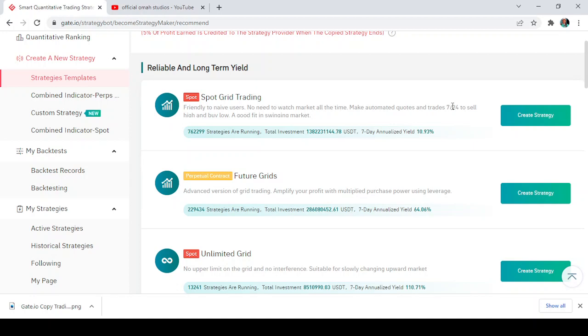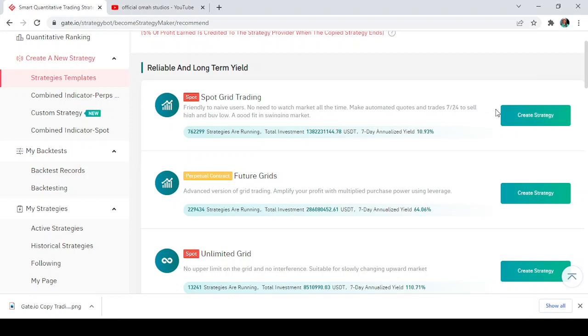That means make automated quotes and trade 24 hours in a day, 7 days, we call it 24/7, to sell high and buy low. So it's friendly to naive users, people who don't want to stress themselves doing research and analysis, trying to come online every time just to be checking the chart.